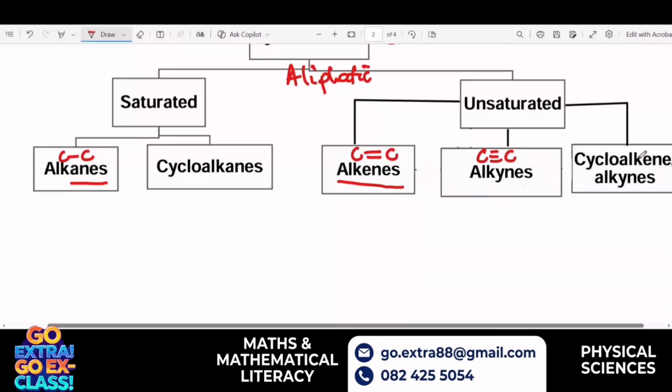We're not going to focus on those, and cycloalkenes are not going to be assessed for grade 12. The ones we want to focus on are those with single, double, and triple bonds.